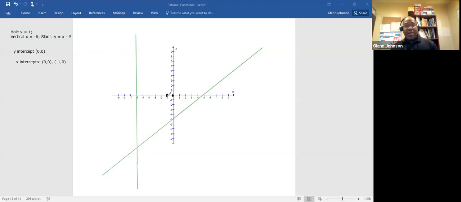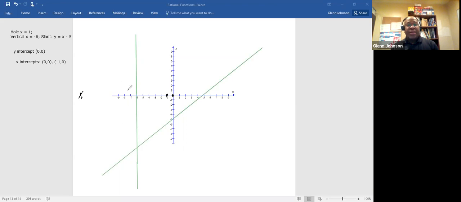All right, so now let's start over here to the left of the vertical asymptote at -6. Now, the behavior of rational functions tells us that rational functions will tend toward the vertical and horizontal or slant asymptotes. So on this side of the graph, we have 2 possibilities. Either the graph is going to approach -6 from the left, from the positive side.